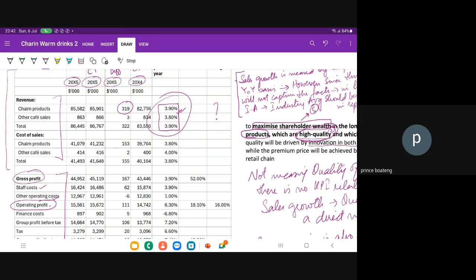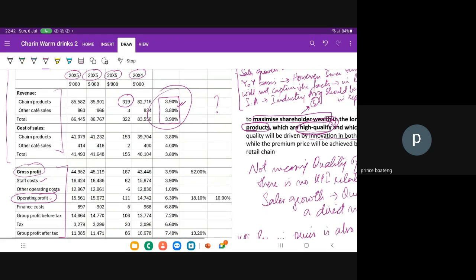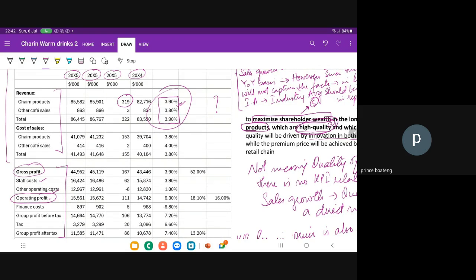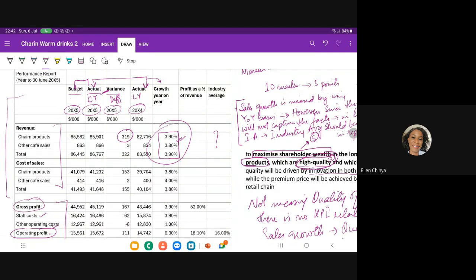See, gross profit can be because of two reasons. The first reason is improvement in revenue, and the second one can be reduction in cost, right? So if you see the cost, what is the difference in cost? 2005, this one and this one.